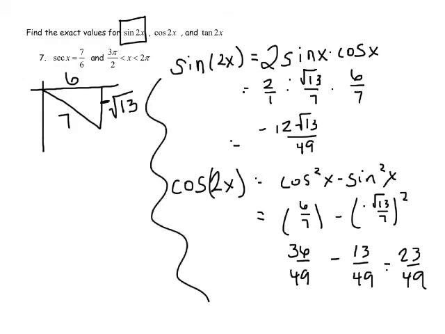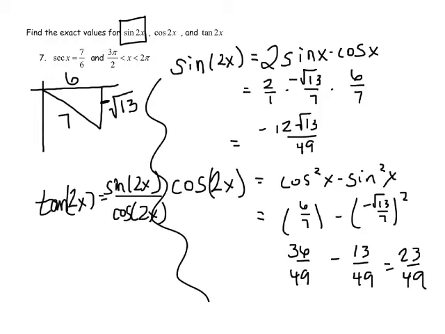Now this is the type of problem where you want to go ahead and use tangent as the ratio sine over cosine, because I'm just going to insert this answer in for sine 2x and insert this answer in for cosine of 2x.